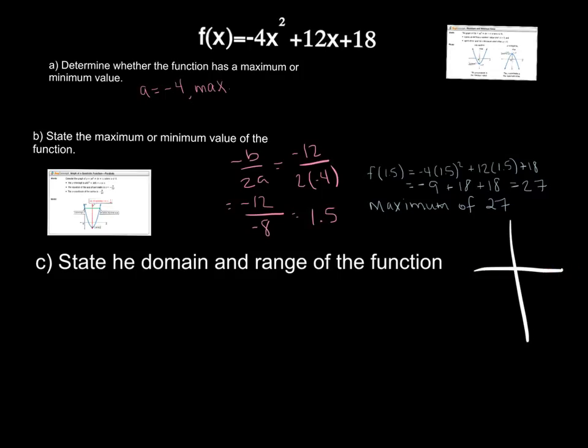So when we have a parabola, our parabola looks potentially like this, right? So our x values, okay, they can go on forever and ever. So our x values are all real numbers.